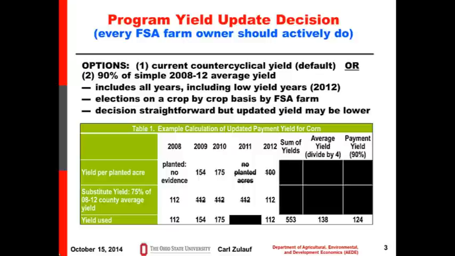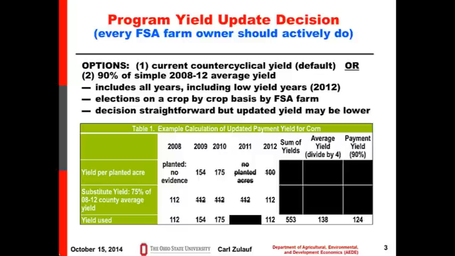So there are lots of ways that you could actually end up with a smaller yield than your current countercyclical yield, and the only way that you can do that is actually to do the calculations, to use one of the program calculators that exist out there, and there are several that are available to do this.